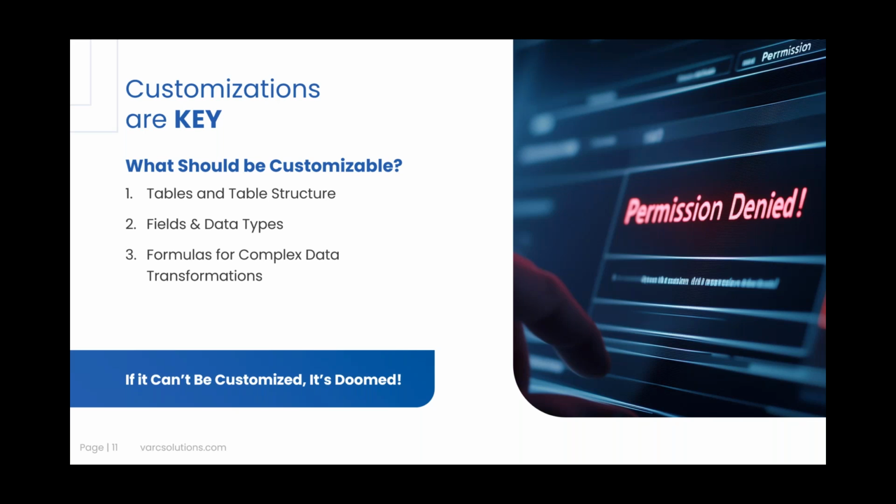One of them is, are the tables or the table structures themselves customizable? In other words, let's say you were going to go out and buy customer relationship management software, and it has a client table. That client table might have things like first name, last name, business name, phone number, and email. Those are the pretty standard ones.